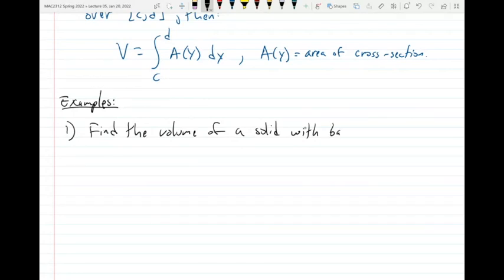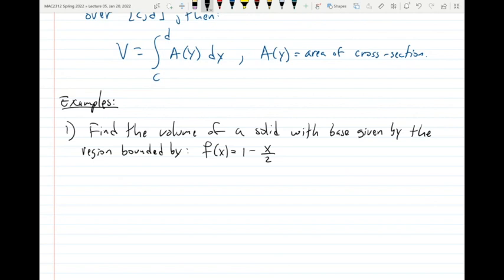With base given by the region bounded by the following functions: F of x equals 1 minus x over 2, G of x equals -1 plus x over 2, and x equals 0. So that's the y-axis, okay?